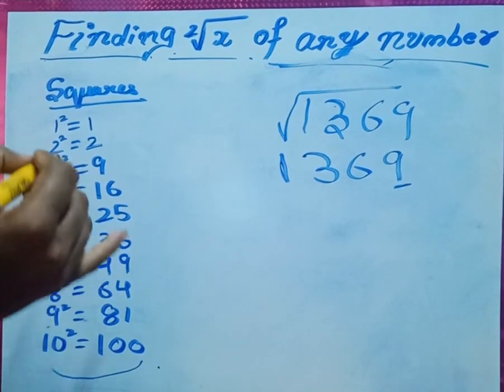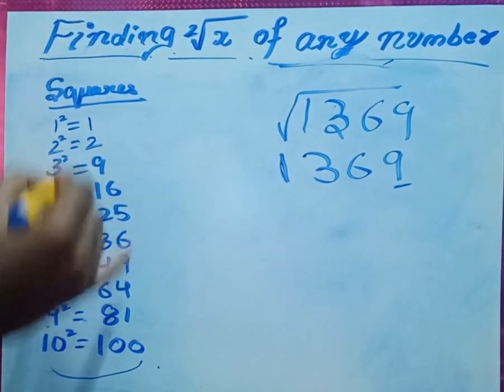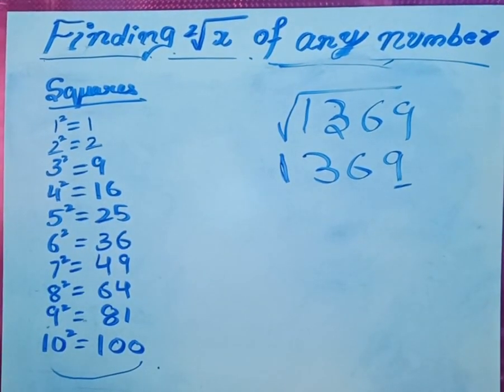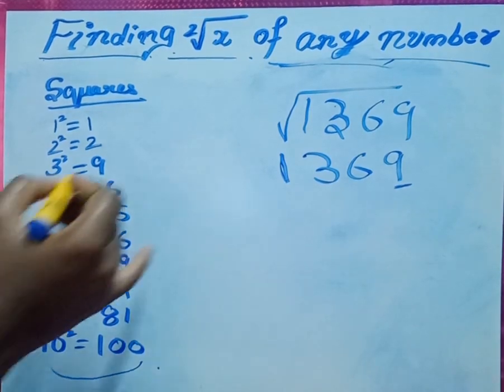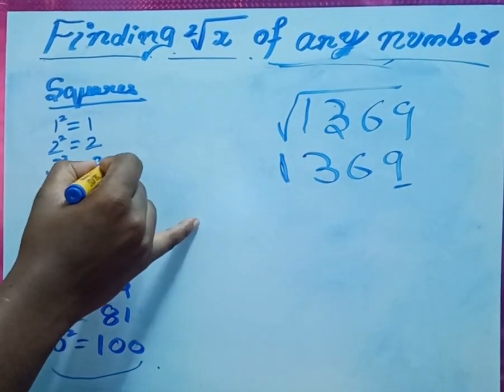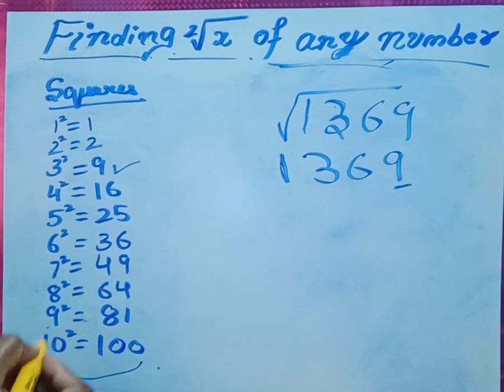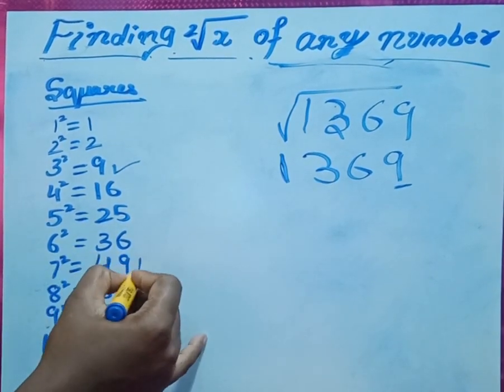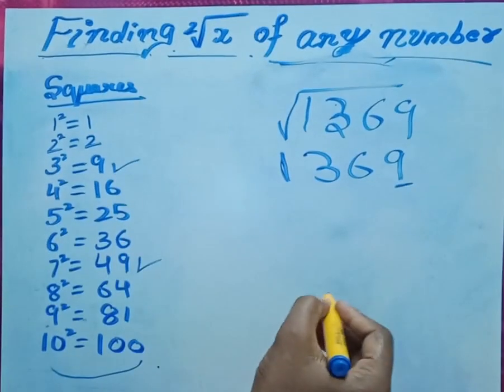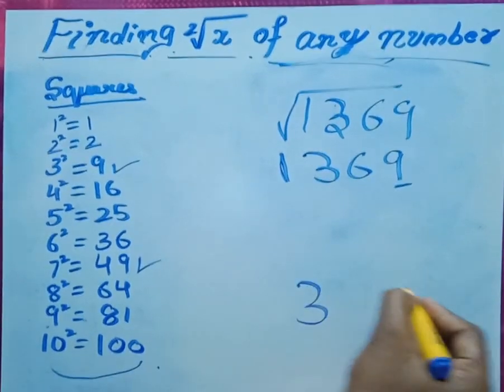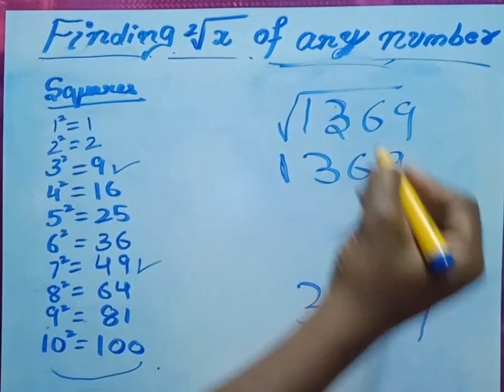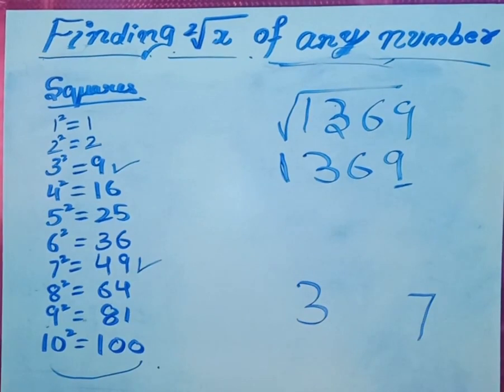Where will you get 9 in this table? We are getting 9 in 3 square, and in 7 square we are also getting 9, right? So we are getting 9 in 3 and 7, right guys? Now I hope it is clear. Now let's move to the next step.